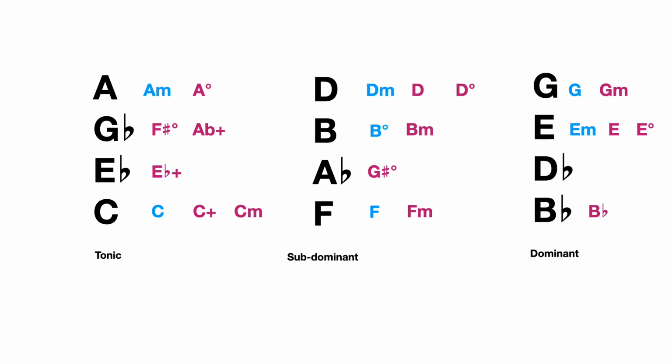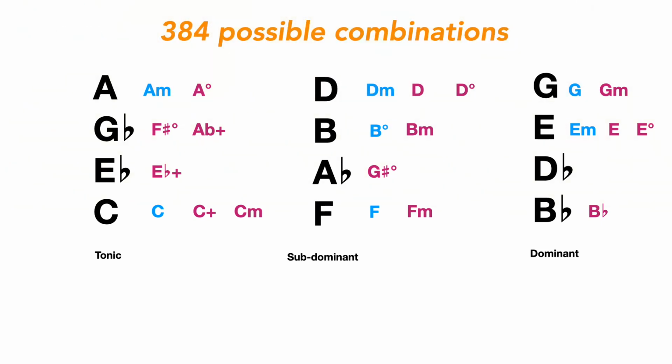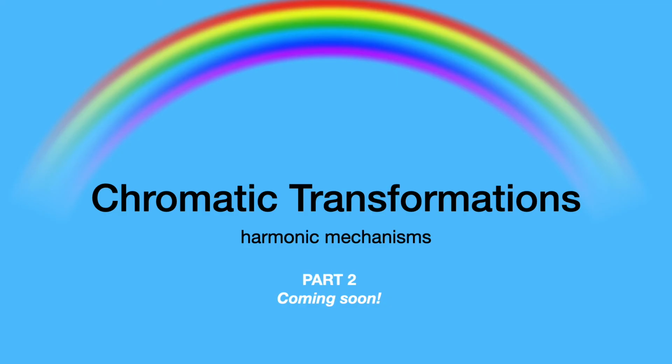And just from these level 1 transformations, there are 384 possible combinations. Now, there are 6 levels. This is just level 1. So now we start to see where these can go and how we can explore these different colors and add these in. So that is the ending of part 1.